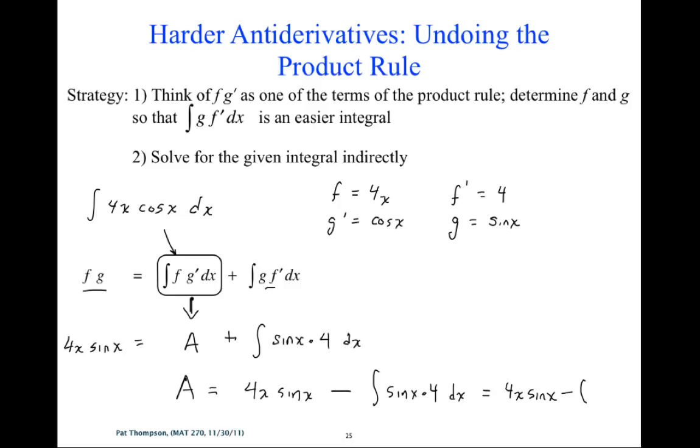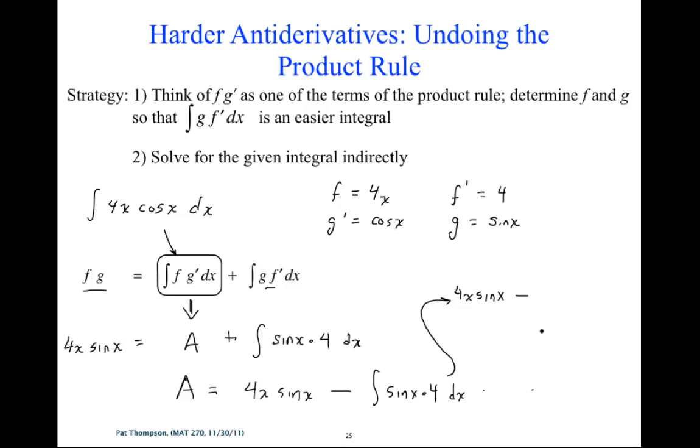This is our 4x cosine x. How are we going to solve for it? By doing this minus this. You see that? So this is the integral now we're solving, which is g f prime, which is sine x times 4. So I'm going to give myself some more room here and do it somewhere else. So it's going to be 4x sine x minus.